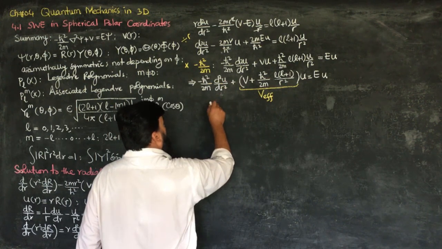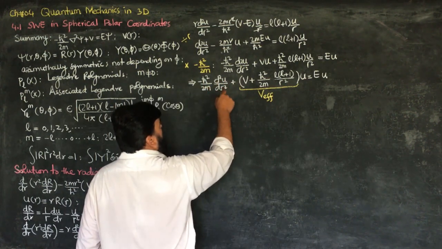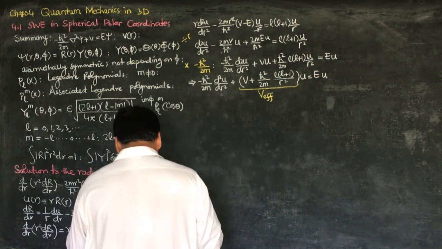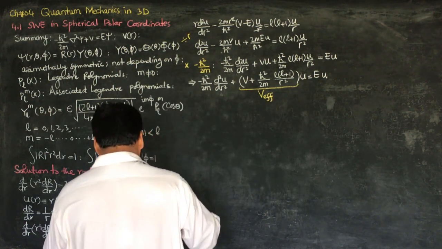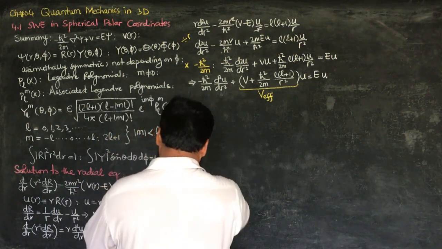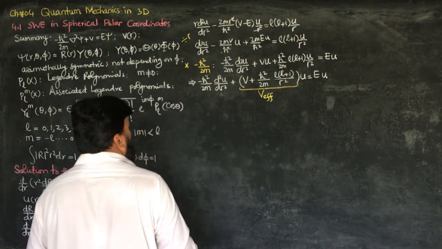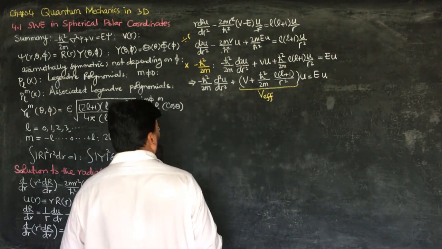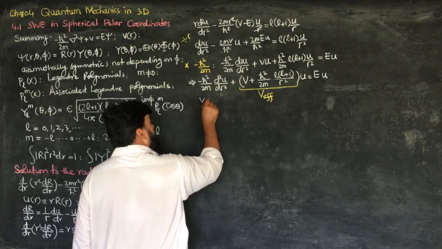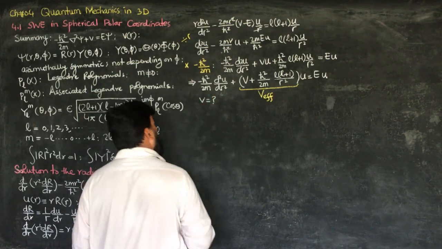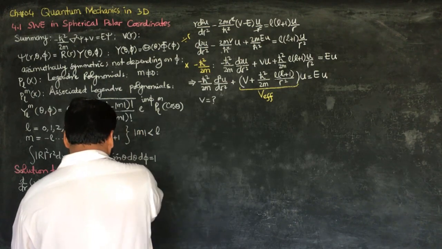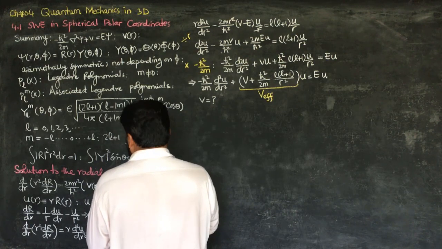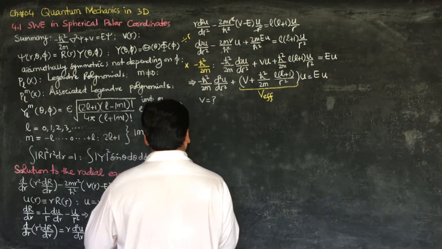So it is the same thing, minus h bar square d square psi by dx square plus V of psi equals E of psi. So this is an effective potential, and we will have to solve this equation, but we want to know the value of V, what the potential is. So this potential I will get from the hydrogen atom.